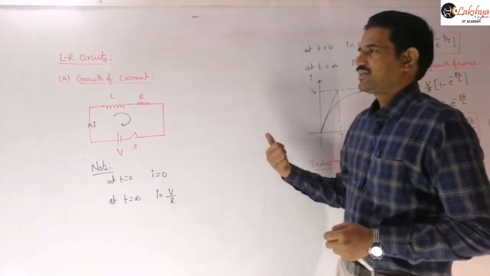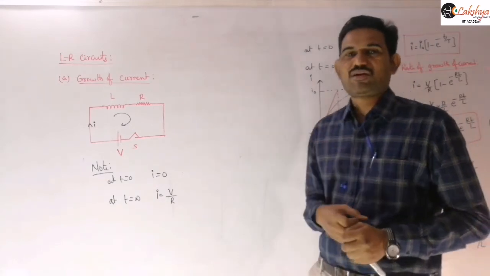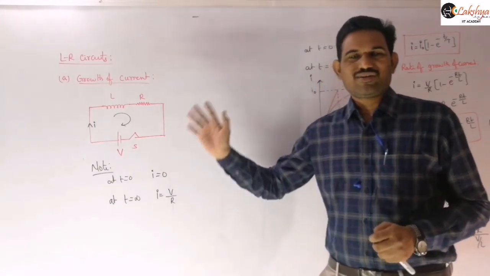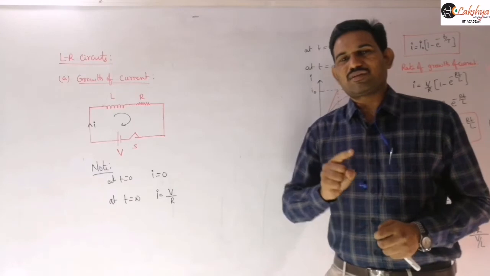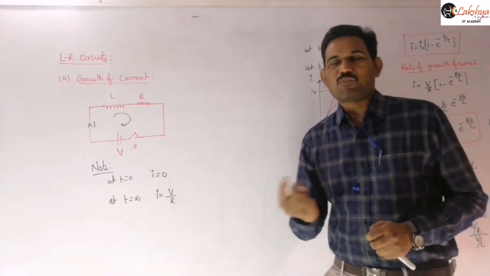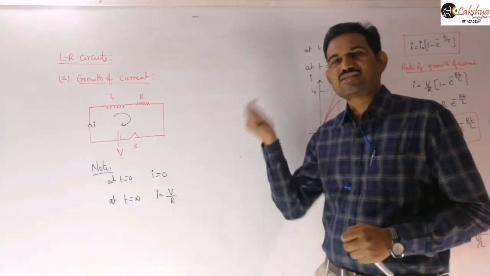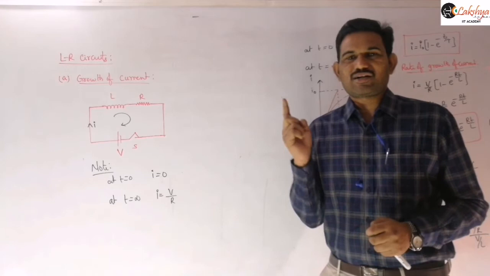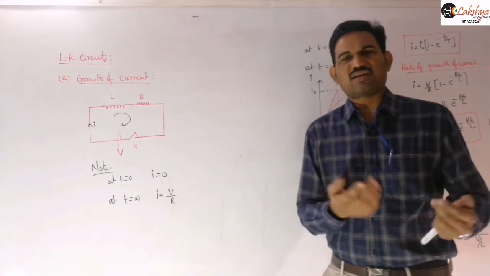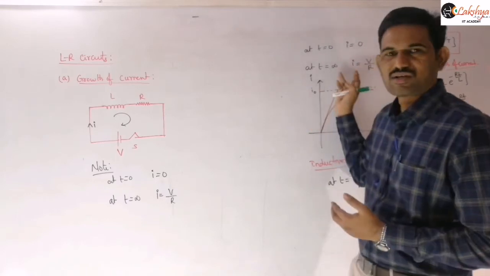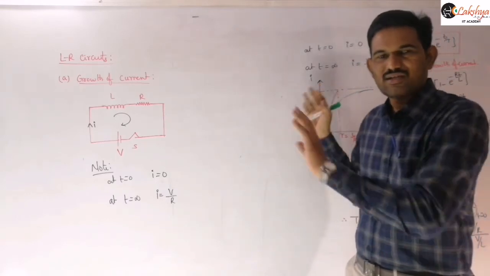Now similarly, this inductor will play a similar role. Whenever current is changing, it will oppose that. Here you need to remember that inductor does not oppose the current. Inductor will oppose the change in current, whereas the resistance will oppose the current. That is the difference between them. If current is constant, as we discussed already at t is equal to infinity, it will behave like just a conducting wire.